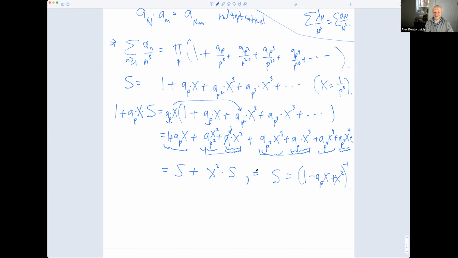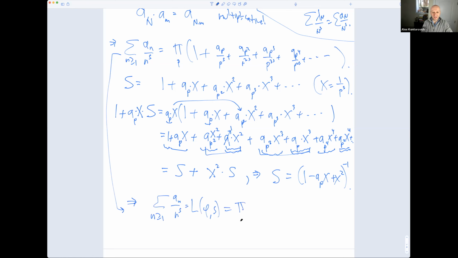How do you know this thing is not 0? It might be 0. I don't know yet that it's not 0. But let's look at it here. So what this means is that the sum over this L function, this was the L function of phi at s, is also equal to this Euler product.